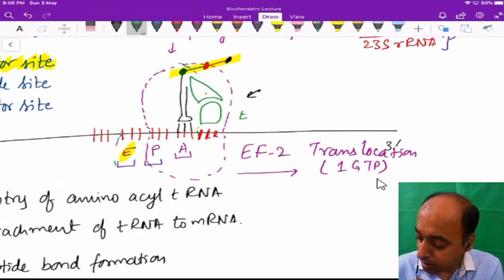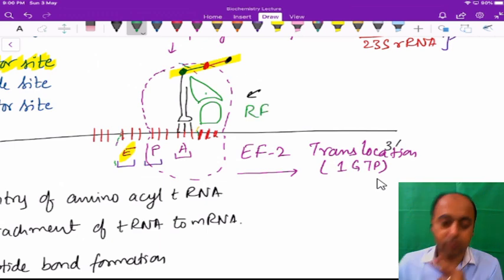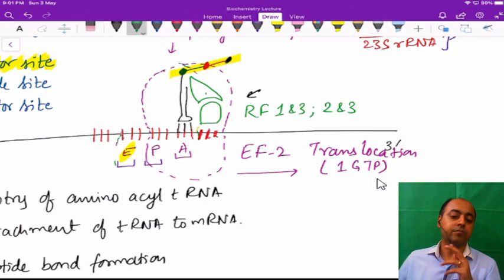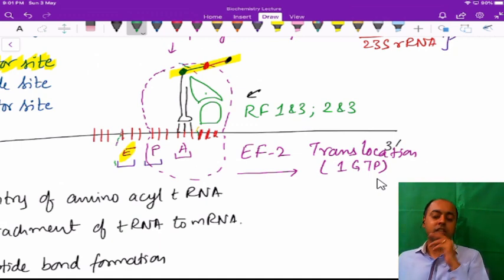They are releasing factors. They can come in 2 combinations, either 1 and 3 or 2 and 3.